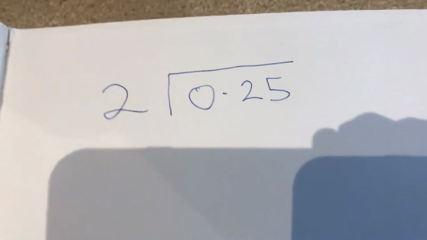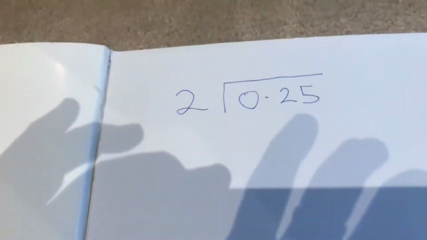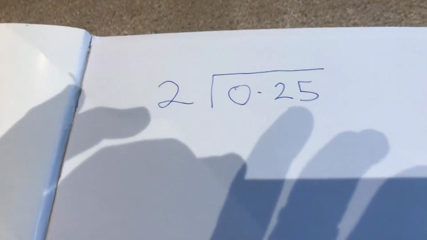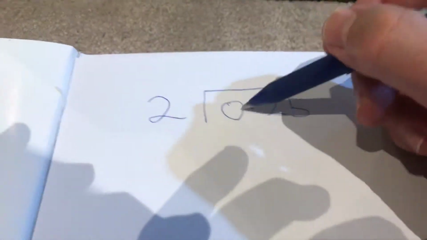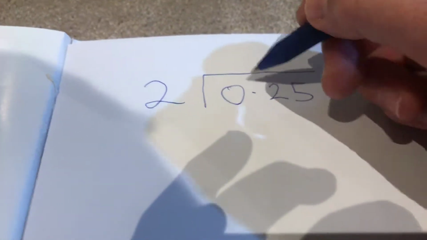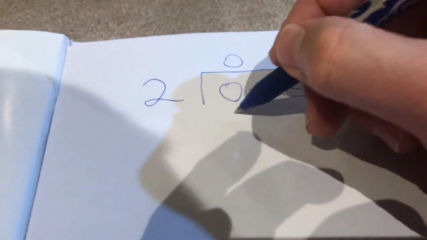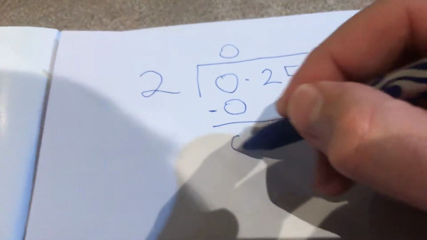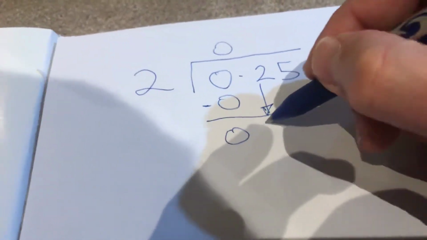The first example is the question 0.25 divided by 2. If you remember your long division, we work our way left to right. So how many 2's go into 0? We go 0 there, so 0 times 2 is 0. 0 take 0 gives us 0, and then I'll bring down my 2.